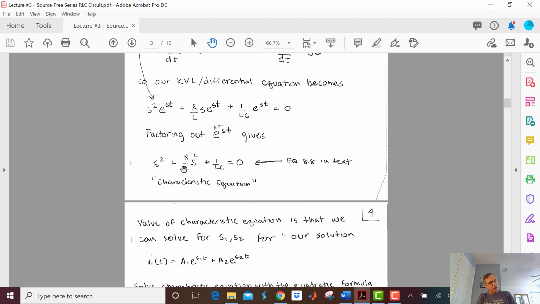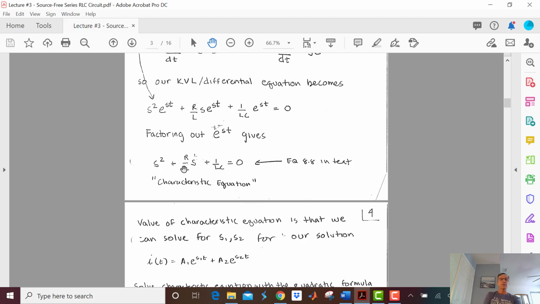I push it down harder, and it still oscillates a couple of times. I push it down just a little bit, it oscillates a couple of times with a different amplitude, because that system has a characteristic equation associated with it.